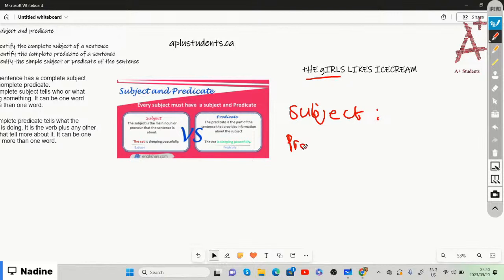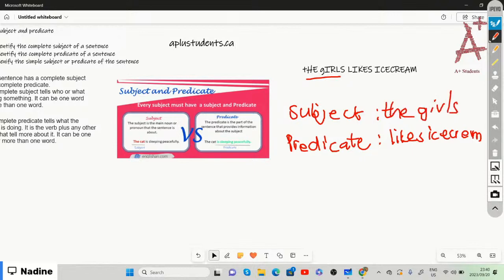And then we have our predicate within the sentence, and our predicate is likes ice cream.